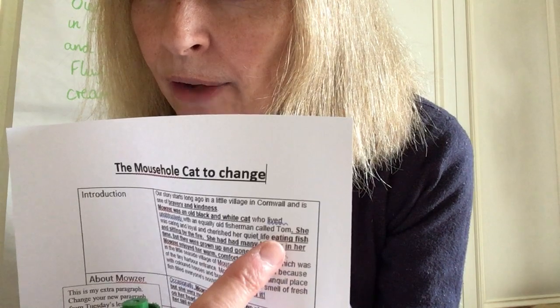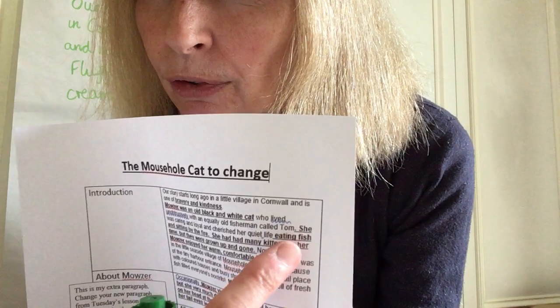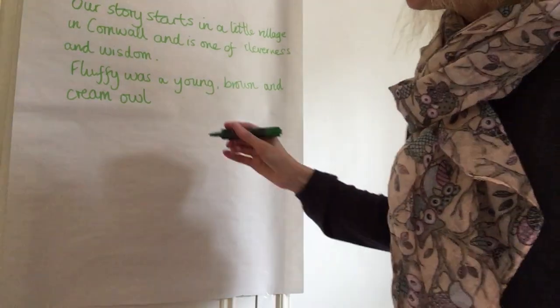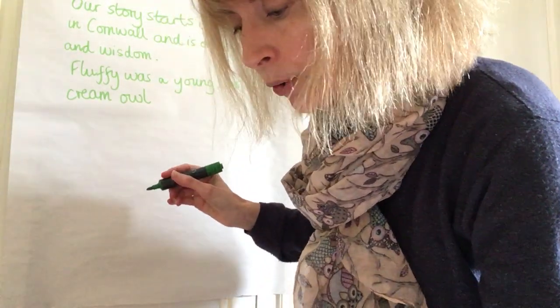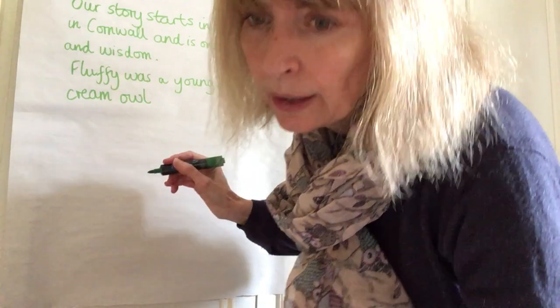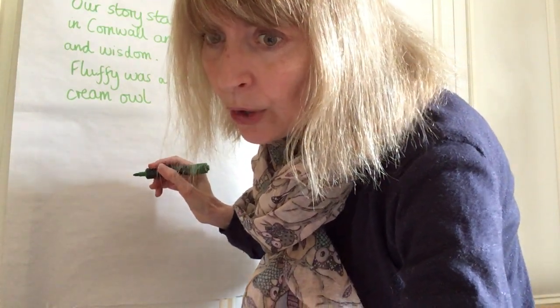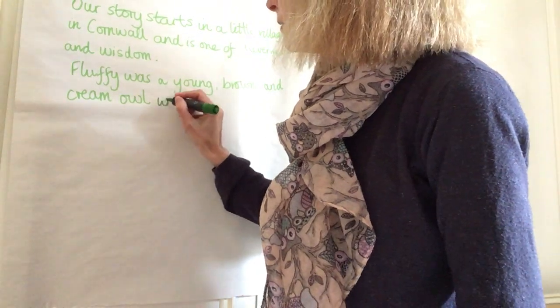What else could she have? Mowzer's eating fish. I might do mice. So Fluffy was a young brown and cream owl who lived unobtrusively.